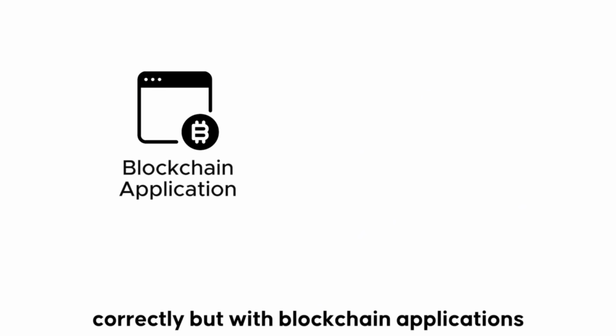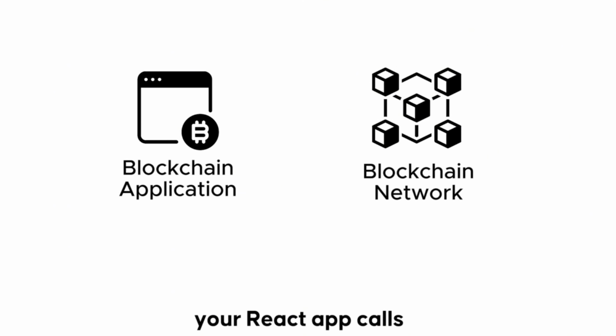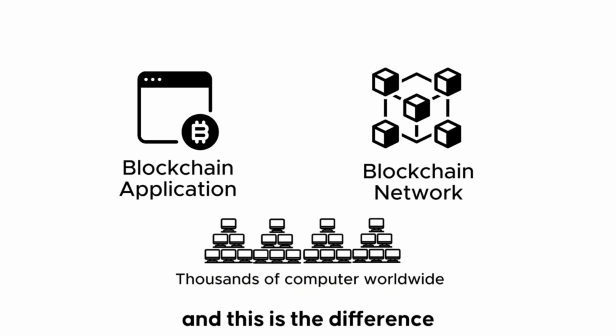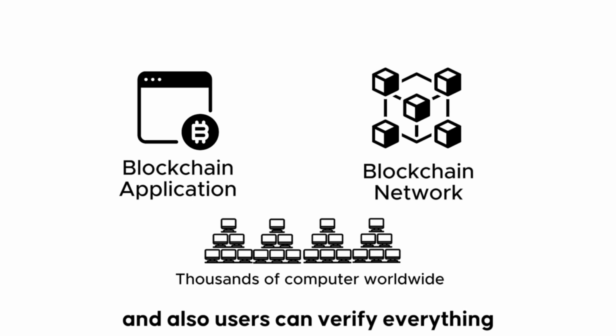But with blockchain applications, your React app calls a blockchain network instead of an endpoint, right? So your React app would be calling a blockchain network, and the data lives on thousands of computers worldwide, and this is the difference with the blockchain. So no single entity controls the data, and also users can verify everything independently.